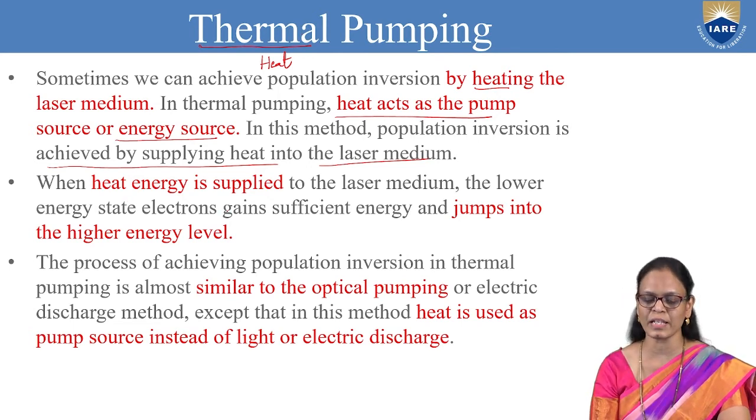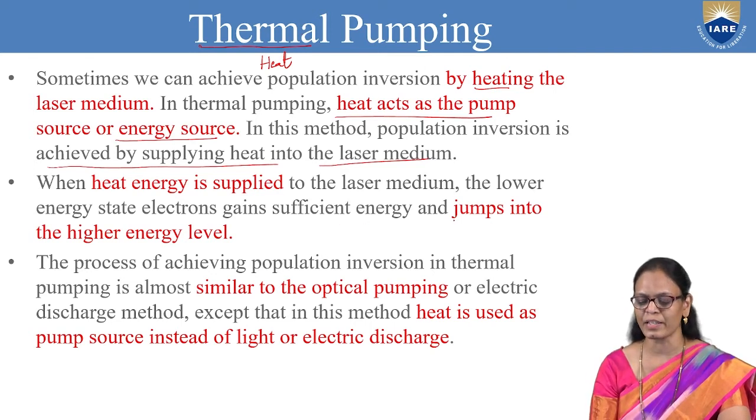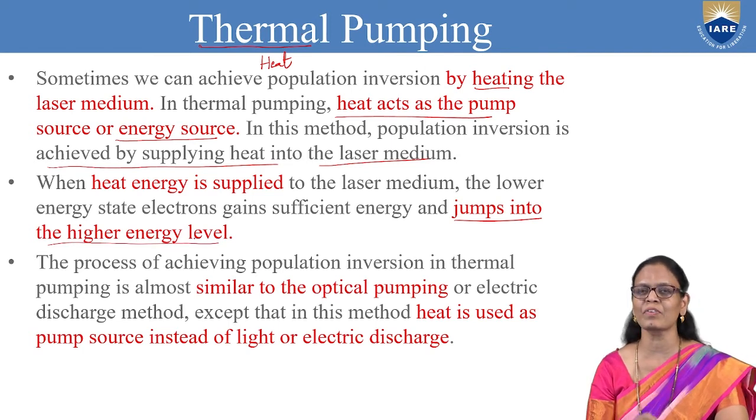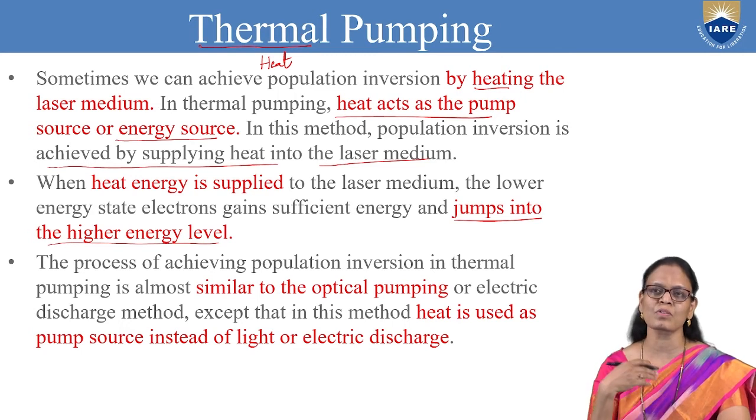Now when heat energy is supplied to the laser medium, the lower energy state electrons gain sufficient energy and jump into the higher energy level. This is the basic thing we were talking about in pumping. Pumping itself means the process of jumping of the electrons or atoms from a lower energy level to a higher energy level.